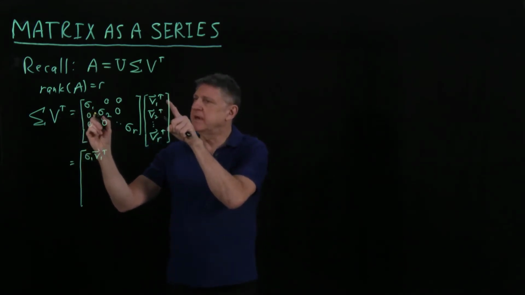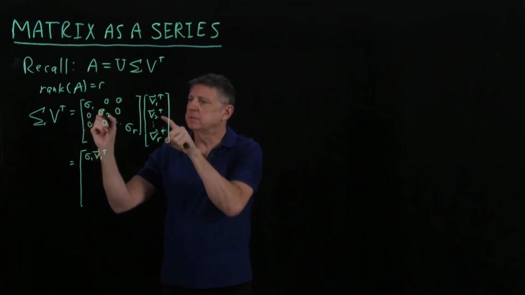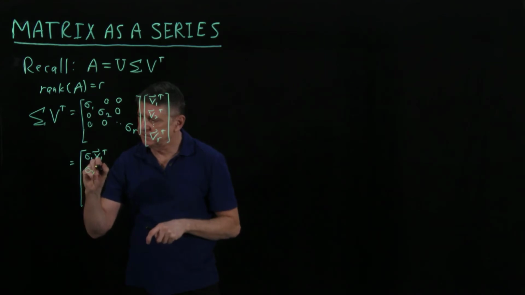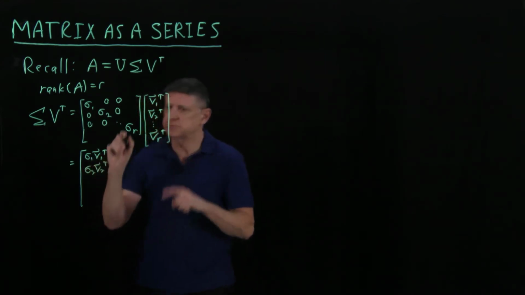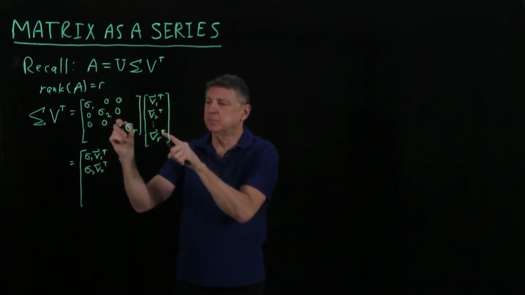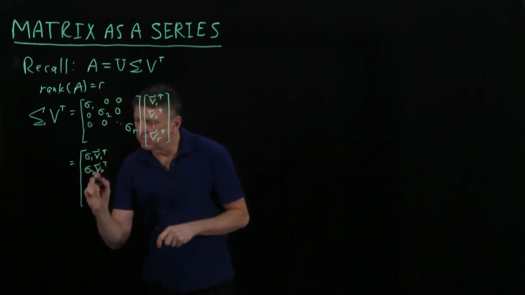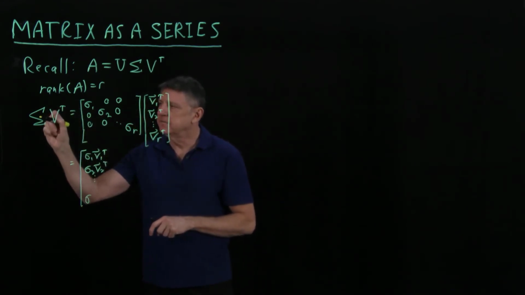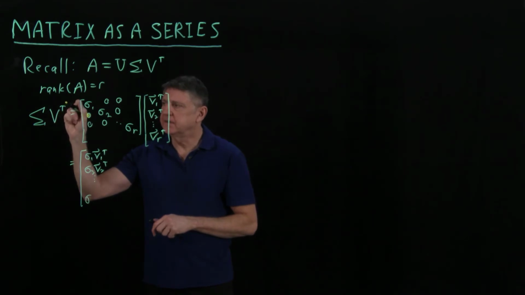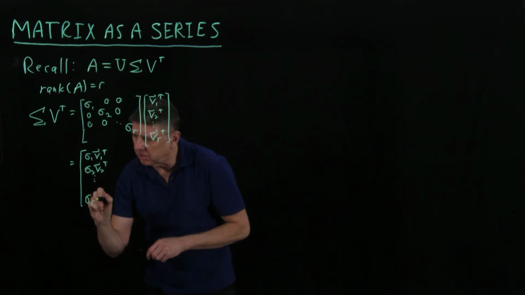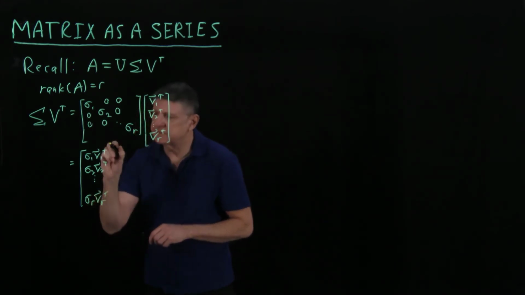Then the second one has to be 0 times V1 plus sigma 2 times V2 transpose, and so on. All of those will be 0, and that pattern will persist, until the last one, sigma R times VR transpose.